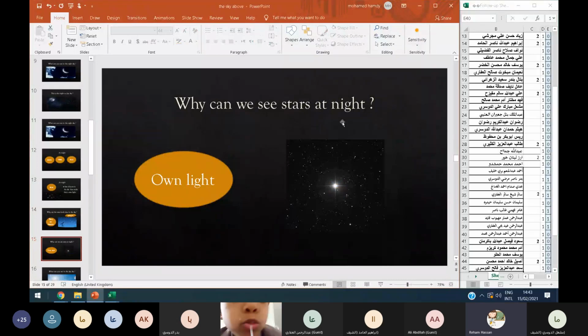So why can we see the stars at night? Because the stars can make their own light, okay? So we can see them in the dark because they have their own light.